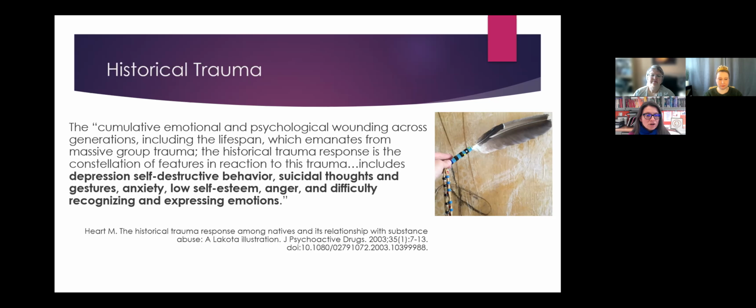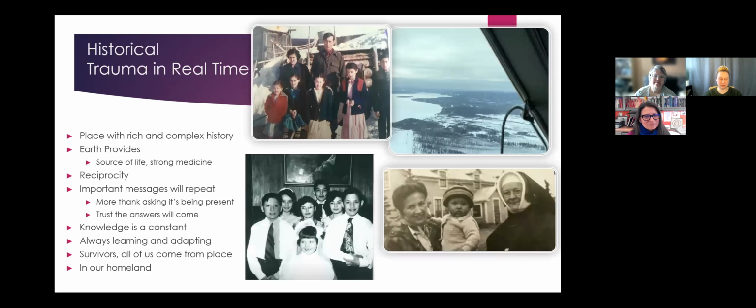And the historical trauma response further is a constellation of features in reaction to this trauma, including, but not limited to, depression, self-destructive behavior, suicidal thoughts and gestures, anxiety, low self-esteem, anger, and difficulty recognizing and expressing emotions.